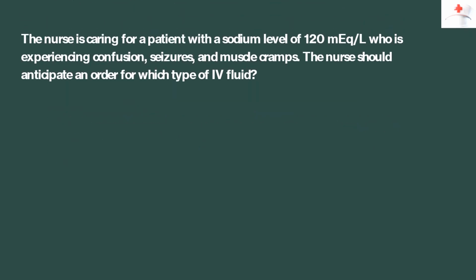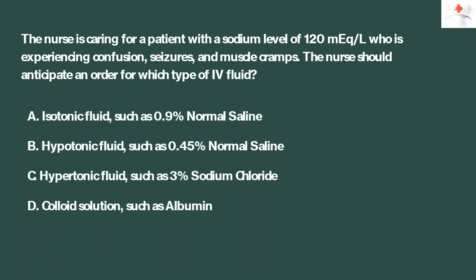Next scenario. The nurse is caring for a patient with a sodium level of 120 milliequivalents per liter, who is experiencing confusion, seizures, and muscle cramps. The nurse should anticipate an order for which type of IV fluid? A. Isotonic fluid, such as 0.9% normal saline. B. Hypotonic fluid, such as 0.45% normal saline. C. Hypertonic fluid, such as 3% sodium chloride.